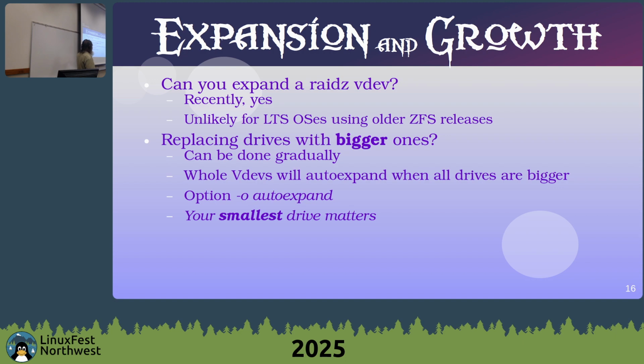You can do that for all the disks, and then you can run an auto expand on it, and it will grow the whole VDEV up to the size dictated by the smallest drive. And so that allows you to do in-place replacement to grow your disk array.